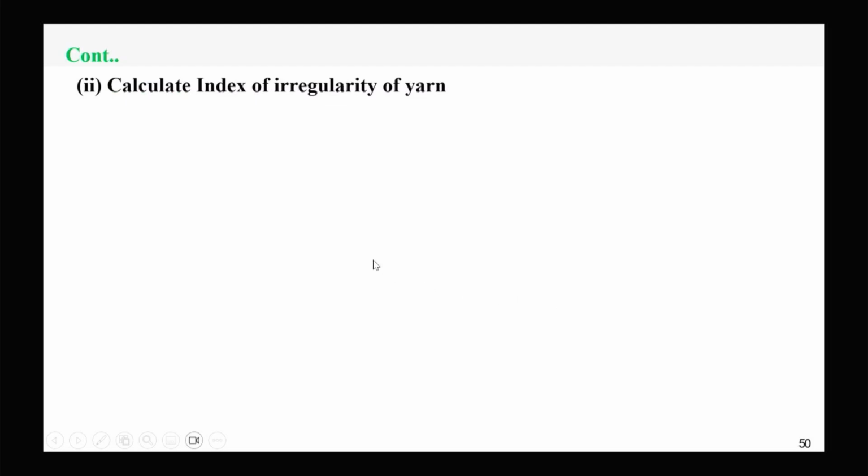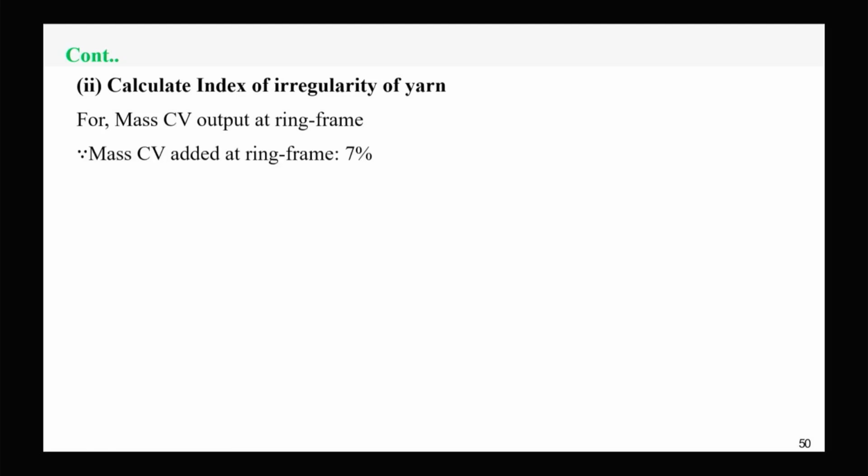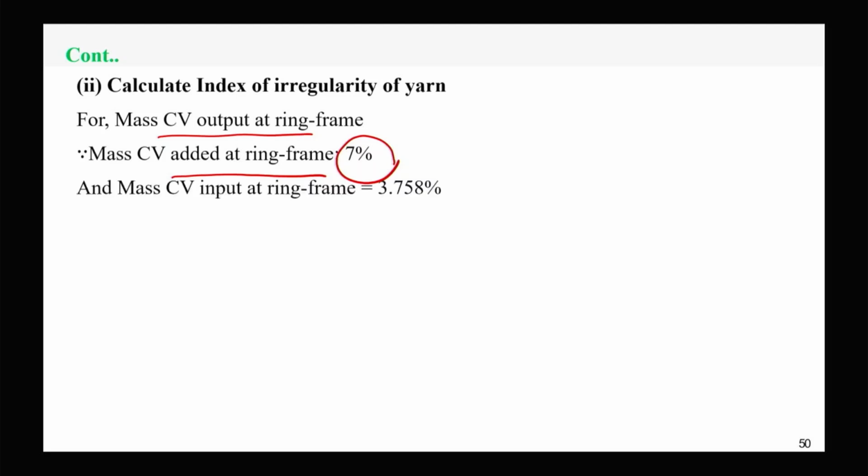Now index of irregularity of yarn, mass CV output at the ring frame, you have to calculate. So CV% added at ring frame is 7%, and CV% of roving you have calculated.